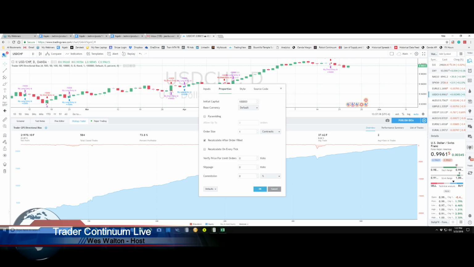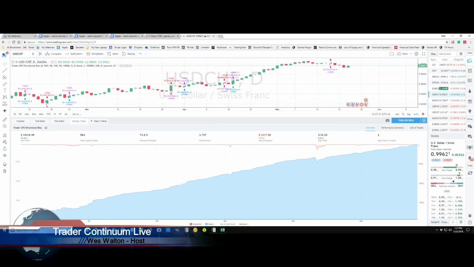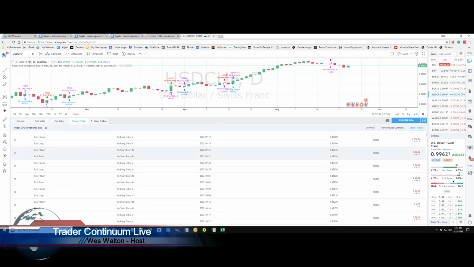The reason for this is, let me choose US dollars. So we're looking at US dollars here. There we go. Yeah, that looks just about right. Now the reason for this, if we look at the list of trades, all of them are 10,000 contracts.